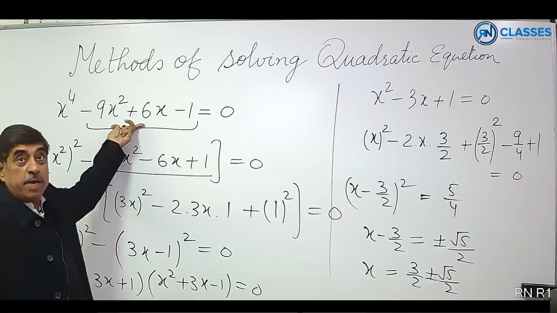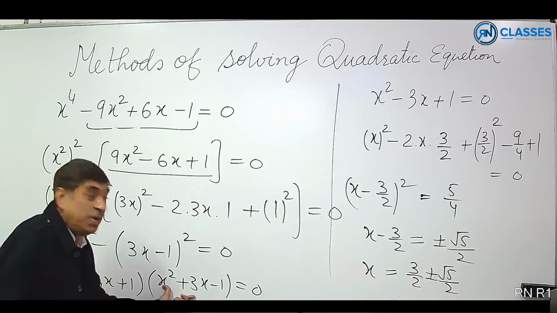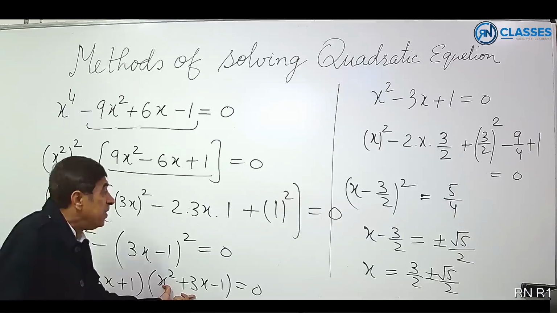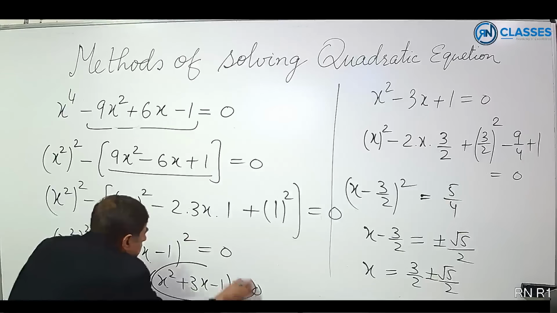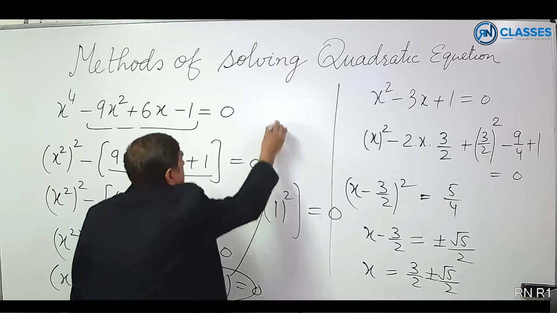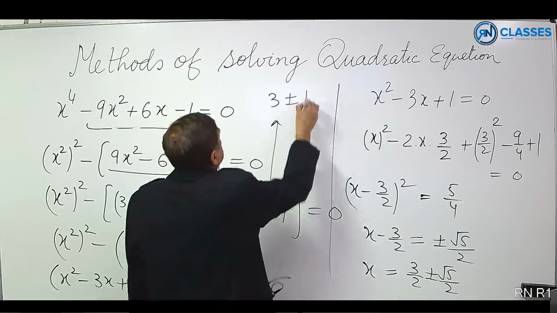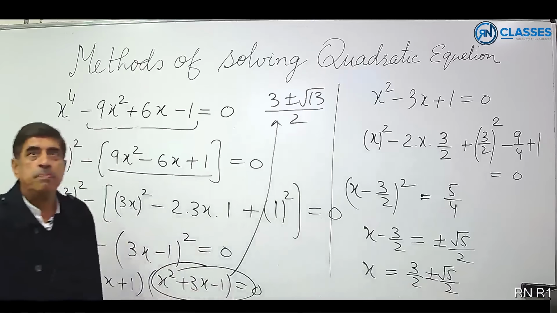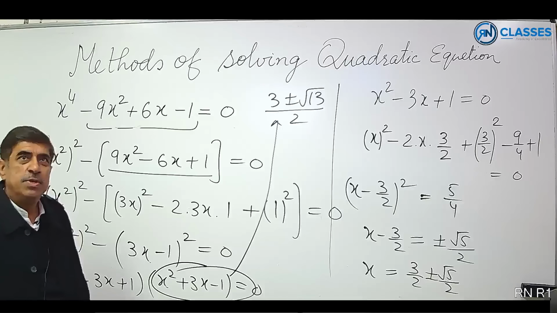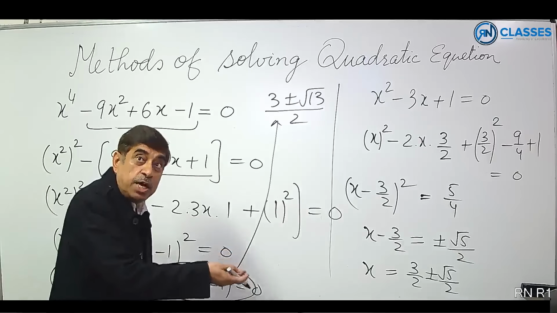Still, the solution is not complete. What do you have to do? Either first is 0 or second is 0. If you solve it, you will get two more roots. You can solve it exactly on the same lines and the answer turns out to be 3 plus minus root 13 by 2. Alright? So this is your method of completing the square.